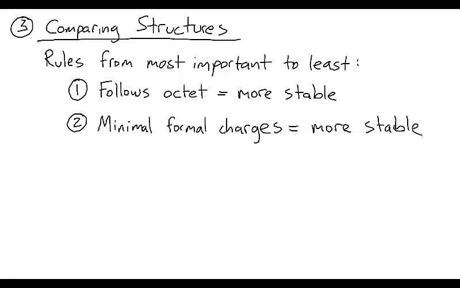If you have one structure with no formal charges and another structure with positives and negatives, the one with no formal charges is going to be more stable. You can think of it as when you have positive and negative formal charges that are separated, you're keeping apart two things that are attracted to each other. That's going to be a less stable situation than when you let them come together.